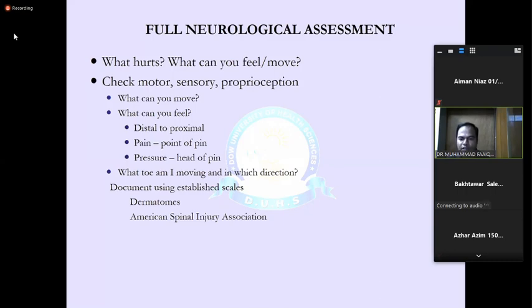For example, if the patient can move lower limbs, can move toes, or can squeeze the doctor's finger, it means that probably there is no spinal cord injury. I say probably.